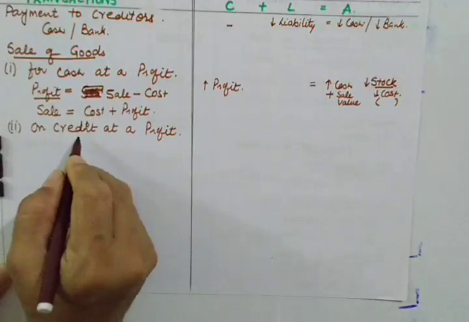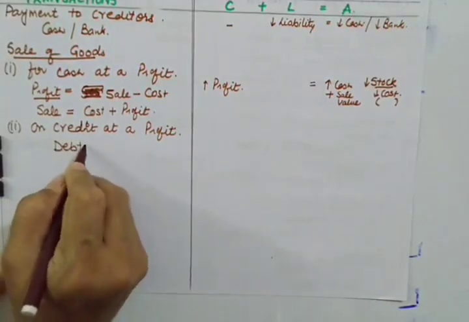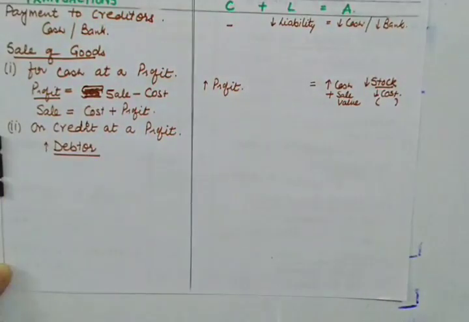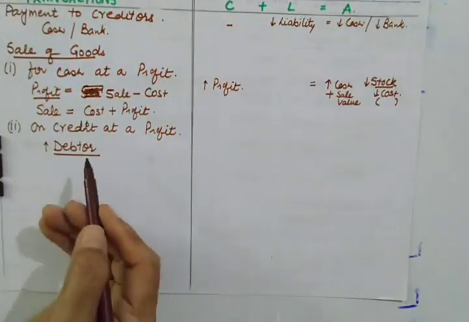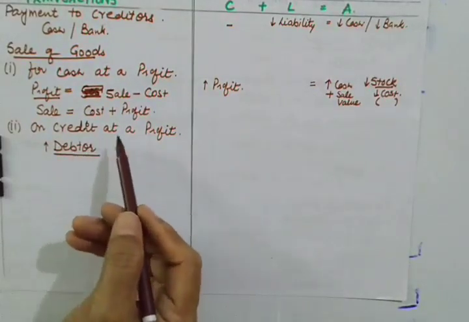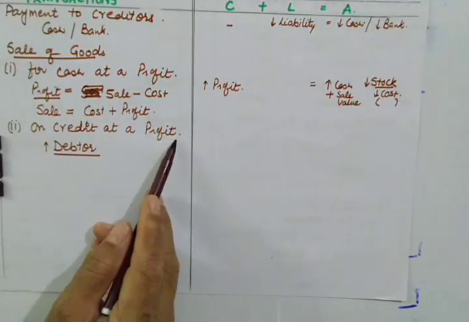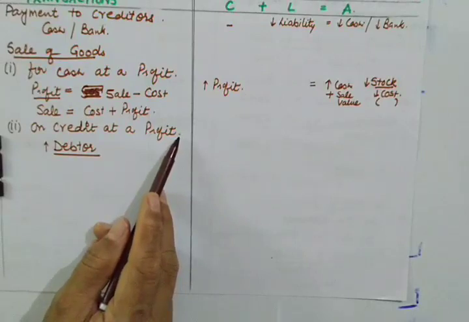When you are selling goods on credit, this will give rise to debtors. Yes, your debtors will increase. And will it change your cash? No, because you are not getting cash. Credit sale means you are giving goods to your customer on credit basis without receiving any money from the customer.